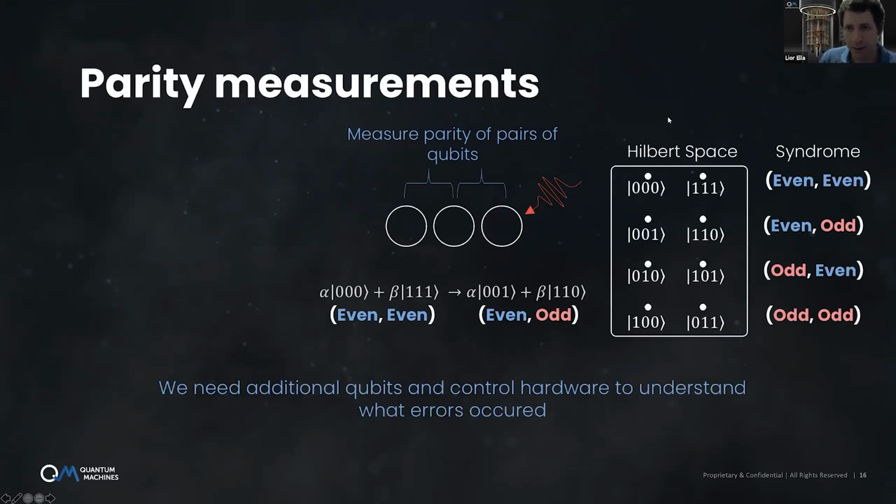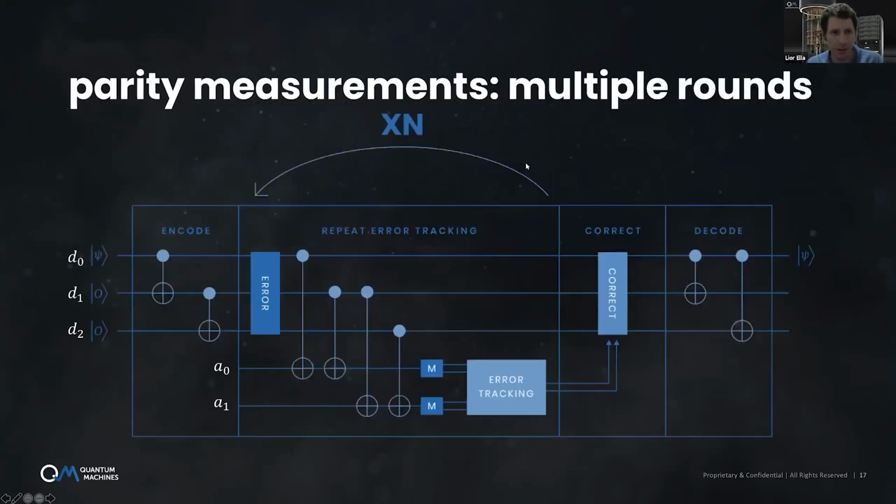Okay, and more generally, if we have either one of those 4 available syndromes, it means after we measure these syndromes that it conclusively means that the 3 data qubits collapsed into one of the Hilbert spaces that are spanned by these pairs of states. Okay, so if, for example, we had even-odd, we know for a fact that the qubit states have to be spanned by this subspace. Okay, so this is the basic idea of quantum error correction.